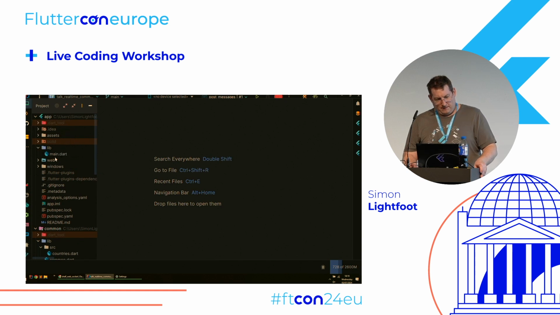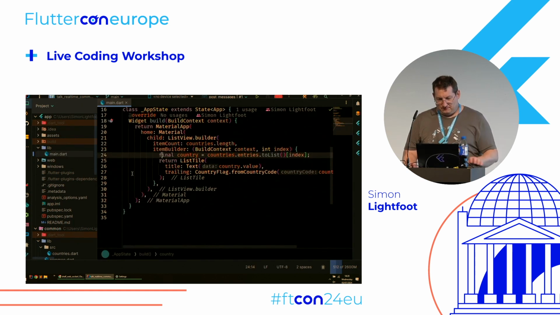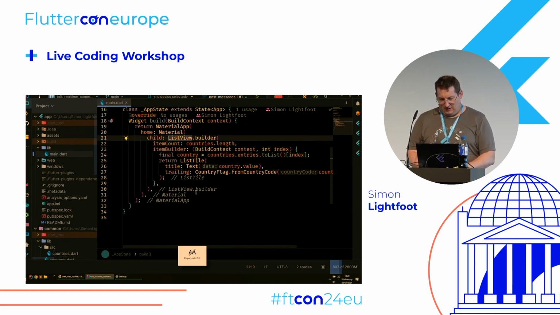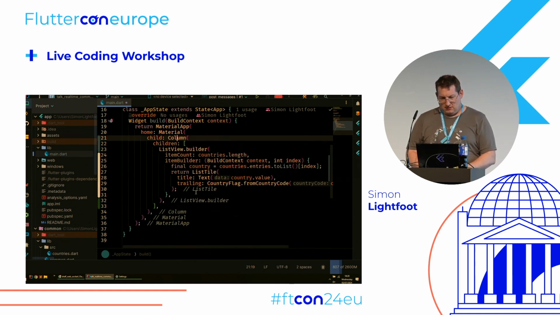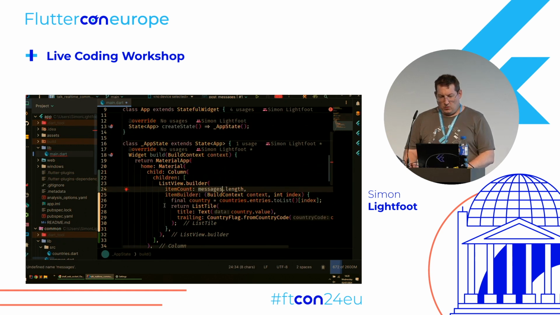So app-wise, there's not a lot going on here right now. We're going to flip this out for a column, and we'll have a list view builder, and this will be messages. A stream builder? Ooh, we could do a stream builder.